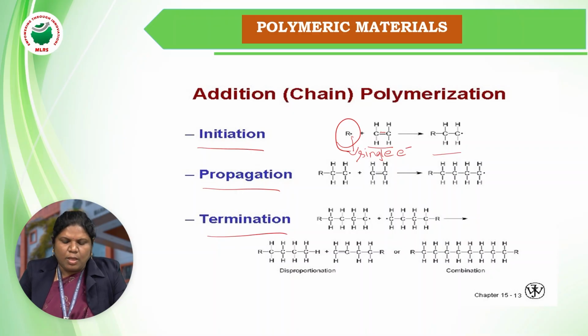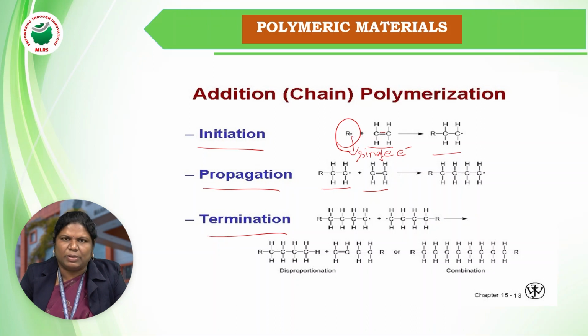The next step is the propagation step. In the propagation step, the ethene free radicals which were formed in the initiation step will undergo propagation, meaning the length of the polymer chain will go on increasing. That means the chain will propagate.